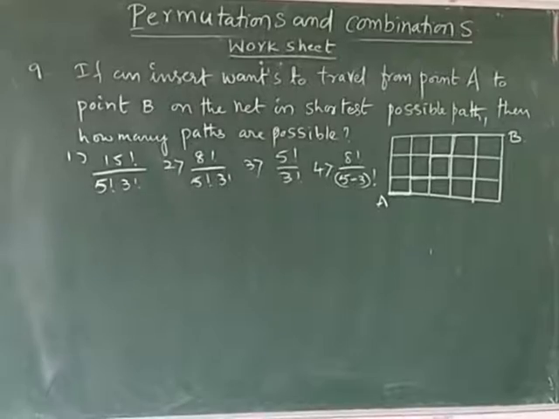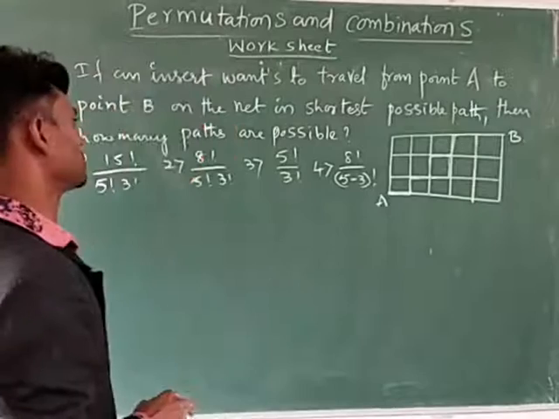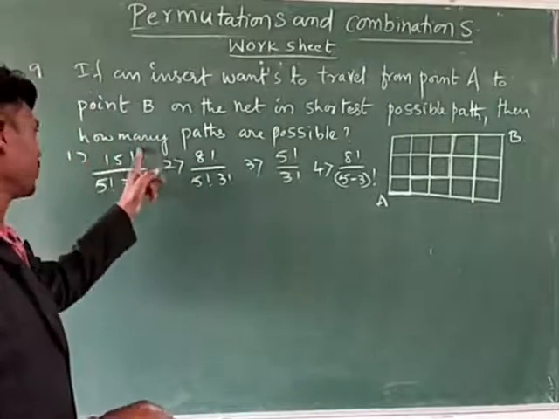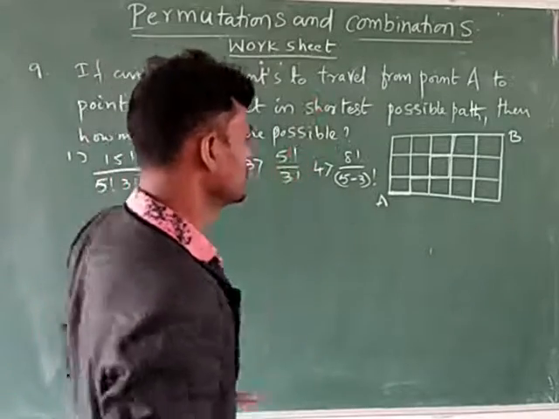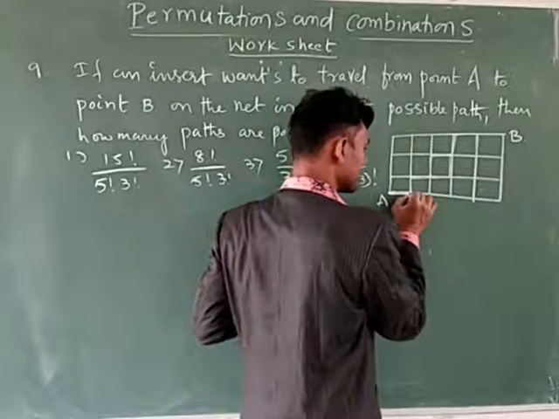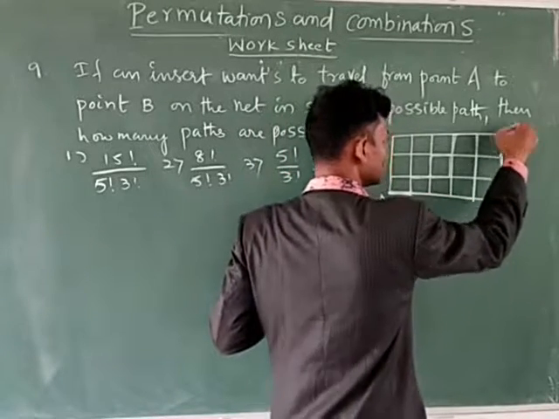Next question. If an insect wants to travel from point A to point B on the net in the shortest possible path, then how many paths are possible? See here, this is where one insect is. It will travel like this, 1 2 3 4 5, after 1 2 3. This is also one way.